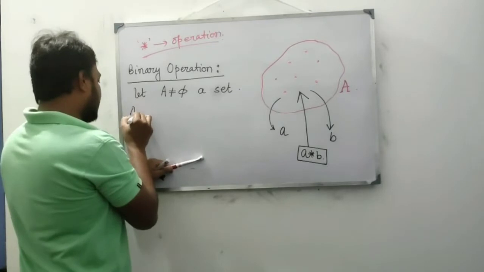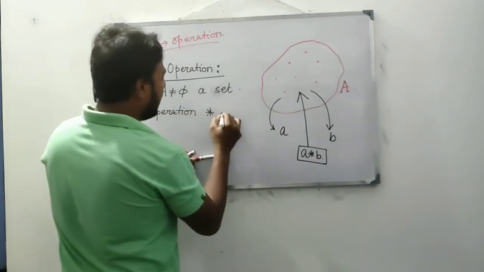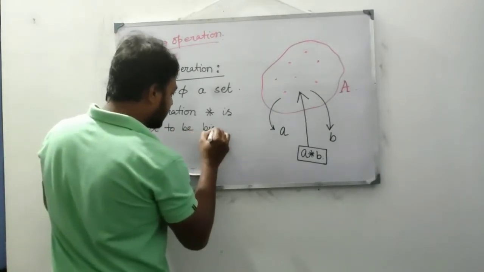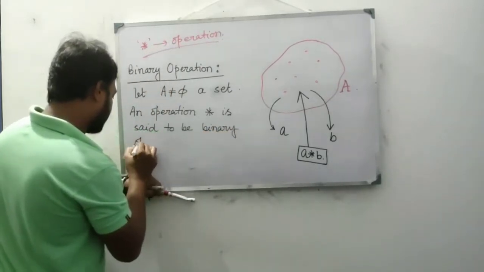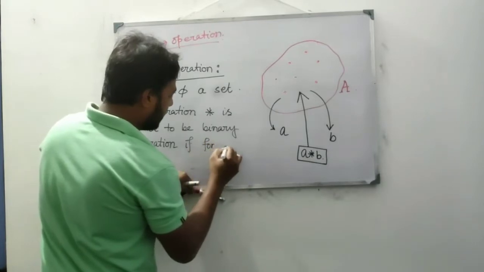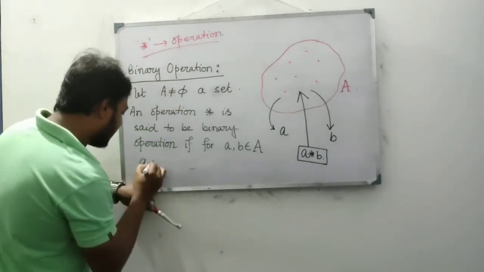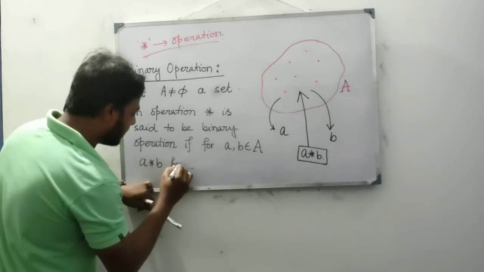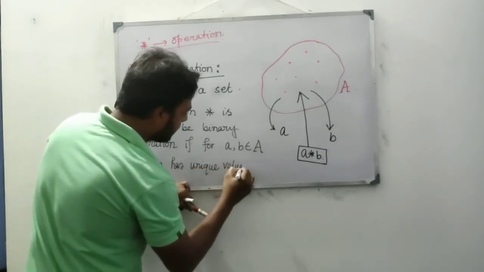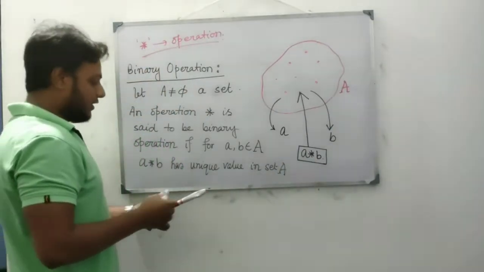An operation star is said to be a binary operation if for A, B belonging to A, A star B has a unique value in the set A. Unique is very important, unique value in set A. Actually A star B will be unique. So this is the definition.